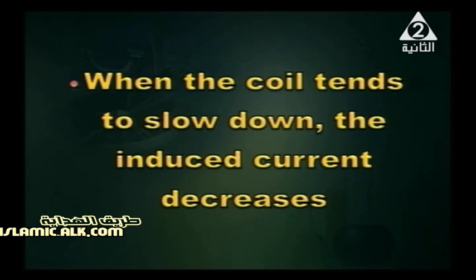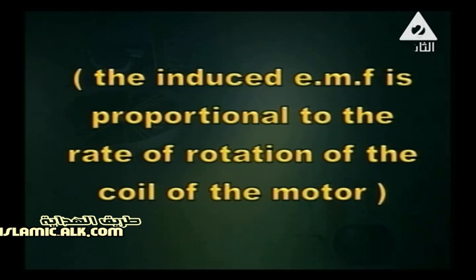When the coil tends to slow down, the induced current decreases, because EMF is proportional to the rate of cutting, the rate of rotation of the coil of the motor.